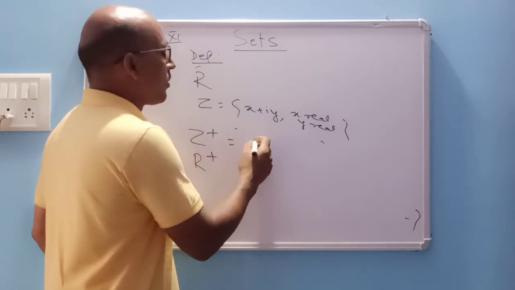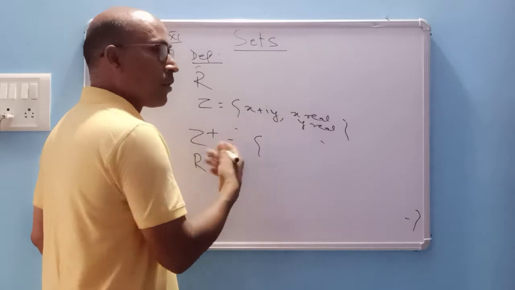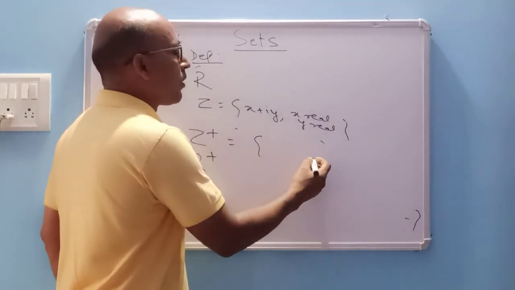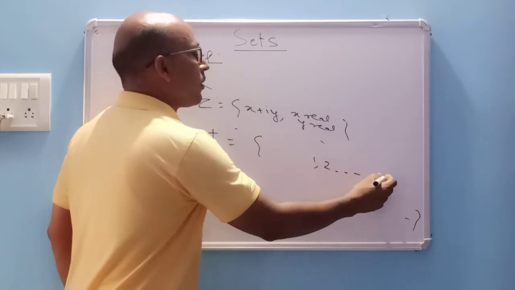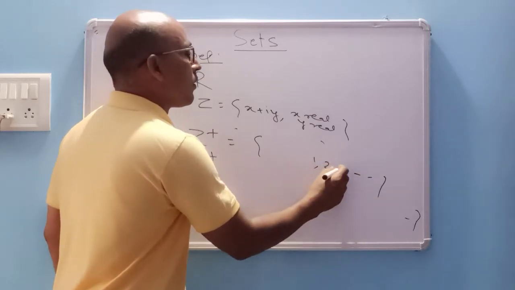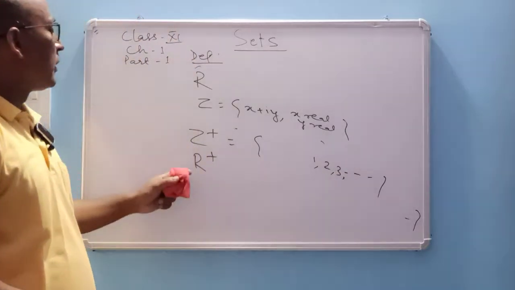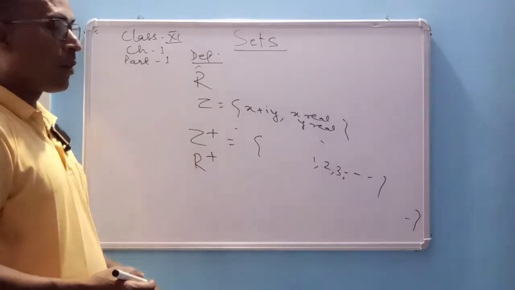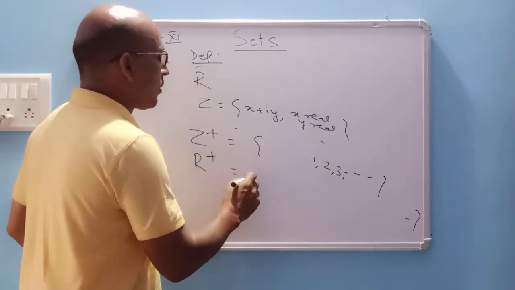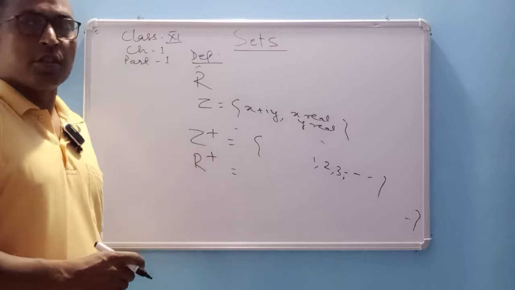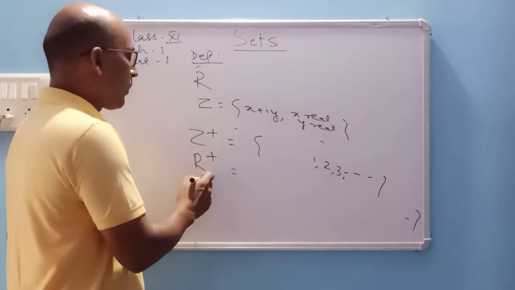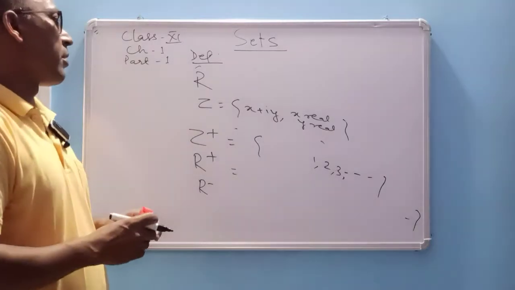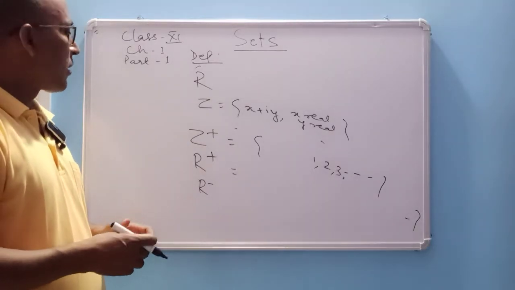Positive integers means if you delete the negative part, that is 1, 2, 3. Similarly, R plus is a symbol used for positive real numbers. Similarly, R minus can be used for the negative reals. So these are the standard symbols to represent the sets.